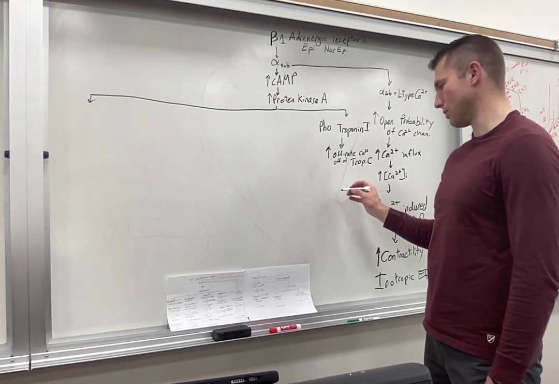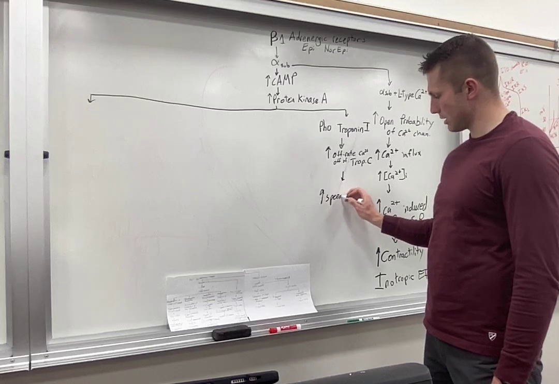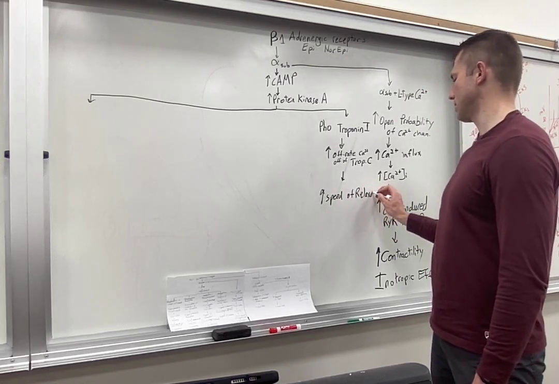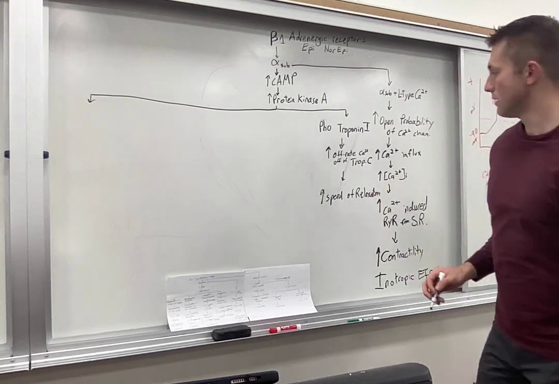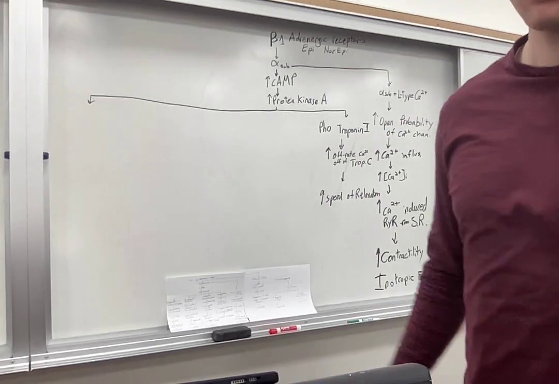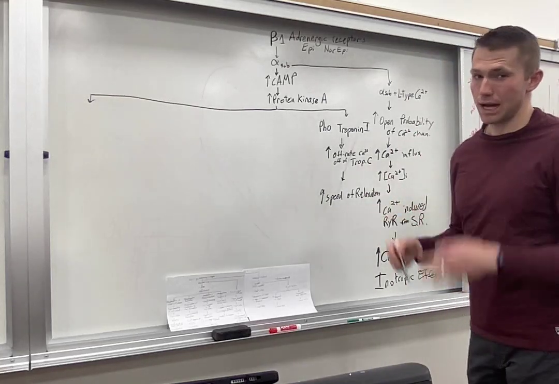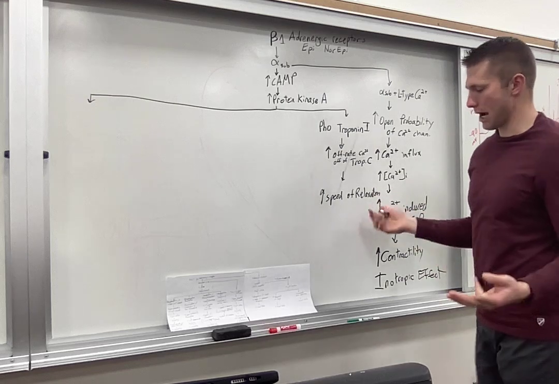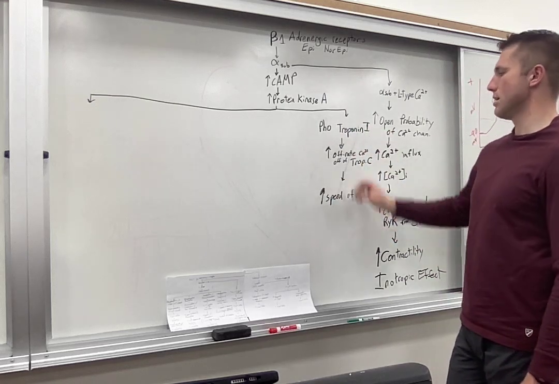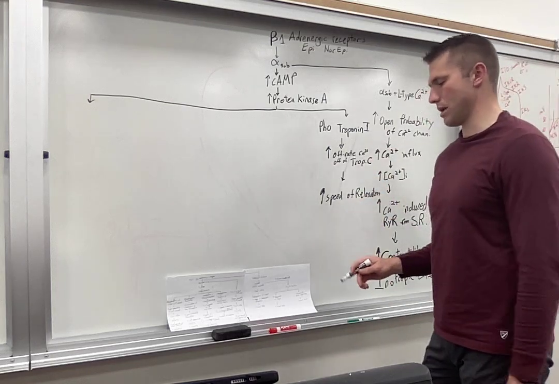That's going to lead to an increase of the speed of relaxation. So if there's less myosin heads bound to actin, that means it's going to relax. So this increases phosphorylation of troponin I, leads to the faster off rate, leads to the faster speed of relaxing.